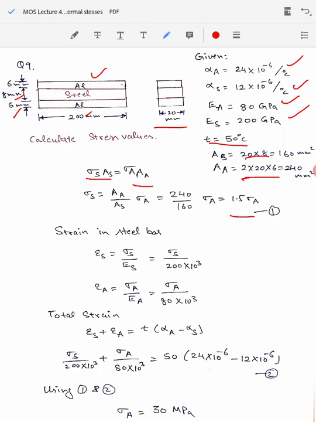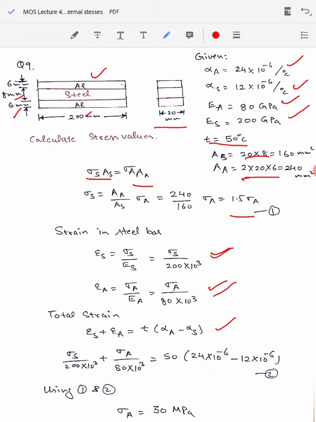We can find the strain in the steel bar using Hooke's law, that is stress divided by modulus of elasticity for steel. Similarly for the aluminum bar, sigma A divided by 18 into 10 to the power 3. We have already computed a relation for the sum of the strains, so let's apply that, and for epsilon S and epsilon A we will substitute these values.